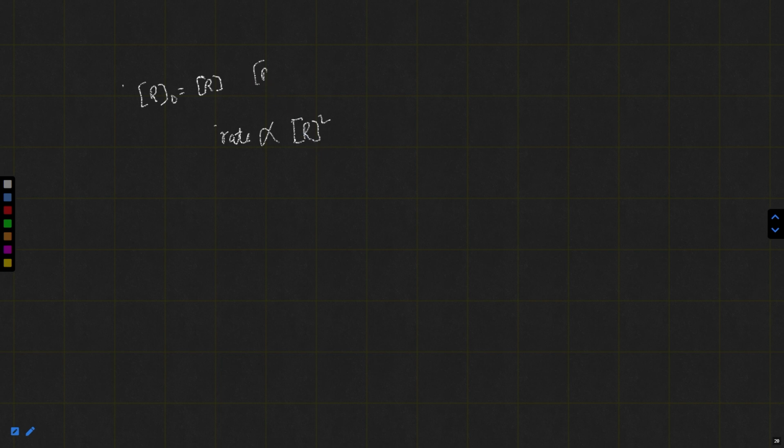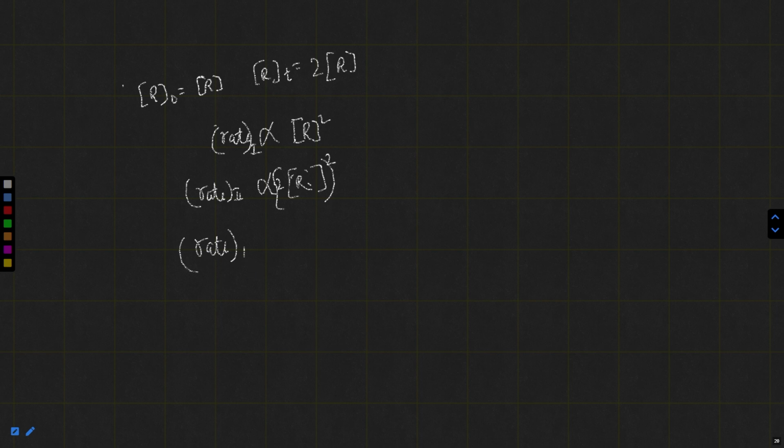Now suppose after time t, this concentration is doubled. So 2R. Suppose this is rate 1 and this is rate 2. So this is now 2R, and again squared. That will give you rate 2 proportional to 4R square.